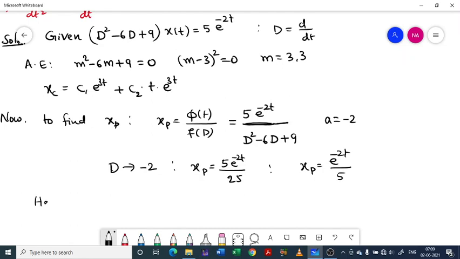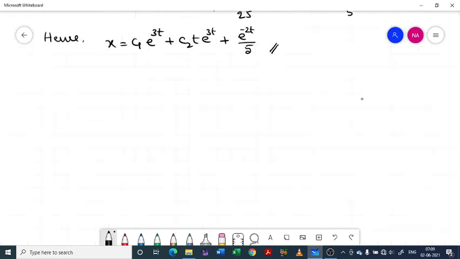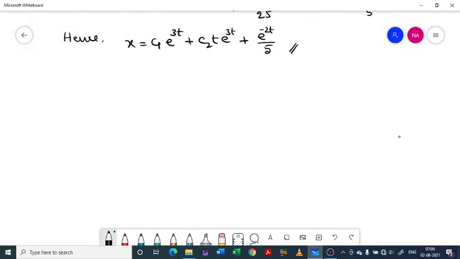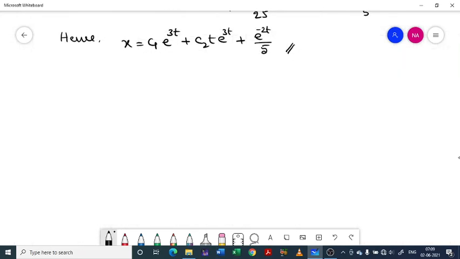Hence the general solution x equal to c1 e power 3t plus c2 t e power 3t plus e power minus 2t divided by 5. That is the general solution of problem C. Next, problem D.